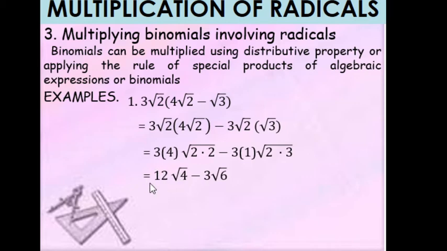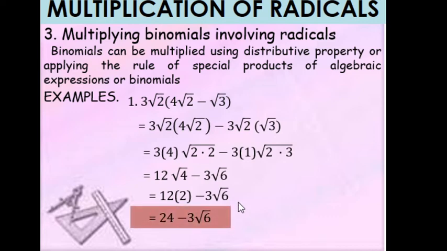Kailangan natin siyang i-multiply sa 12. So, 12 times 2 minus 3 square root of 6. So, i-multiply lang natin. 12 times 2 is 24 minus 3 square root of 6. And therefore, the final answer is 24 minus 3 square root of 6.